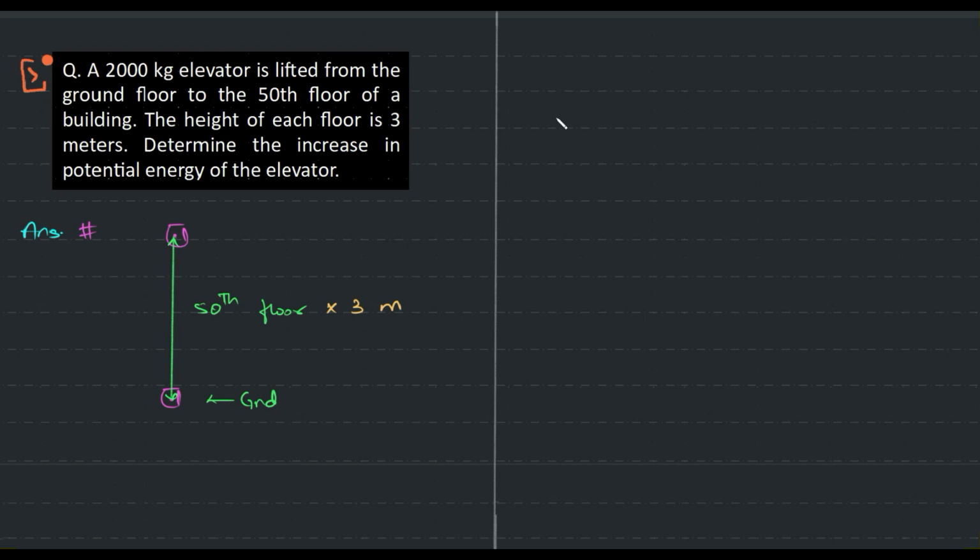How do you find that? I hope you remember potential energy is given by m into g into h, where m is your mass, g is your acceleration due to Earth's gravity, and h is the height.